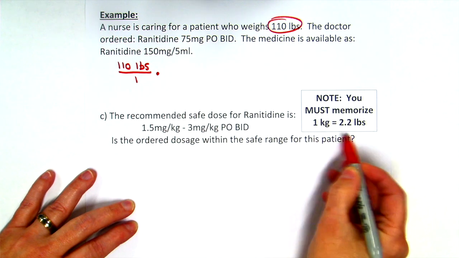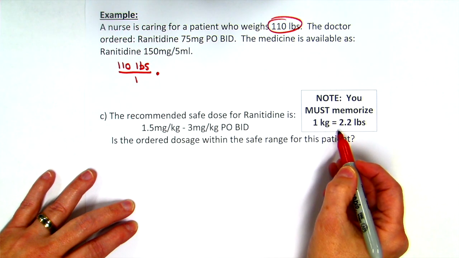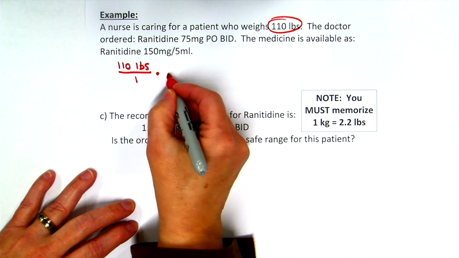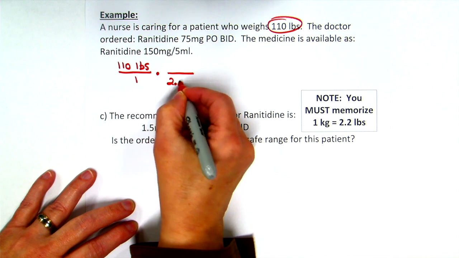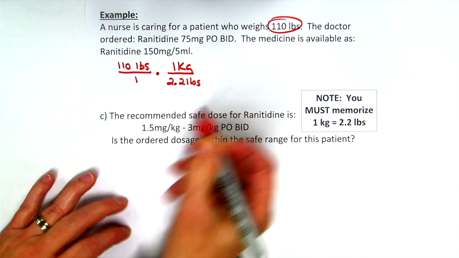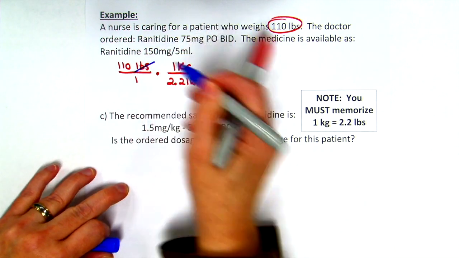So we can say 110 pounds over 1. We'll multiply it by our rate that we have memorized here, that 1 kilogram is 2.2 pounds. We're going to choose to put the pounds on the bottom, so 2.2 pounds and 1 kilogram. That's going to show us that, yes, division really is what is needed here.